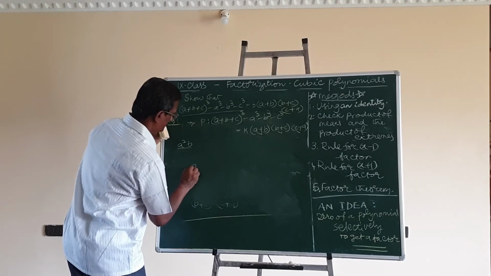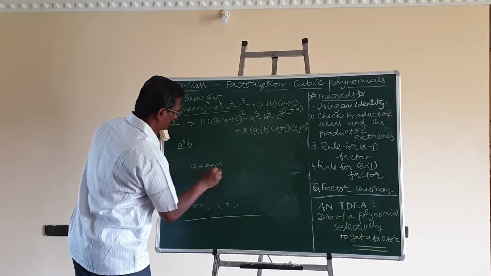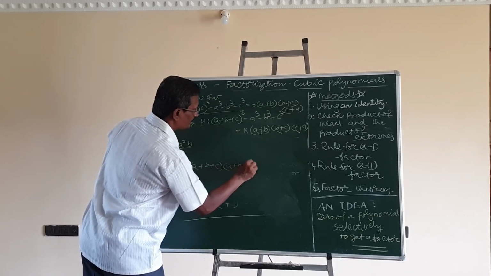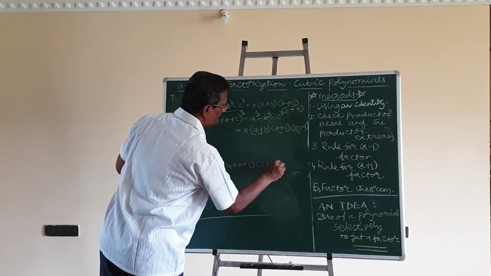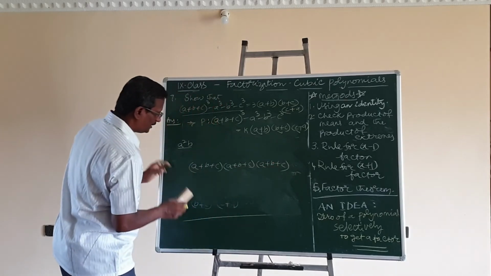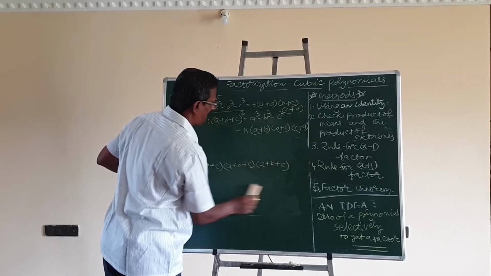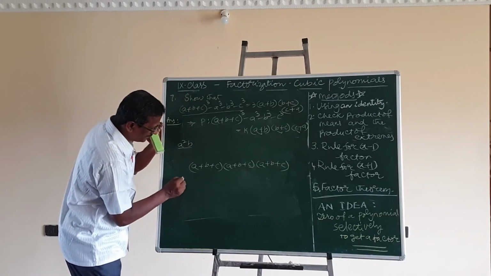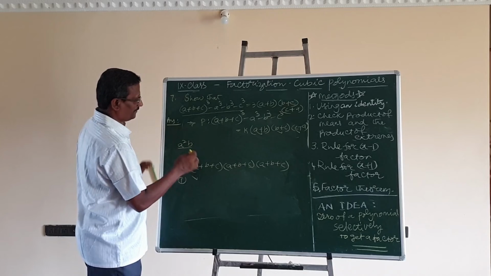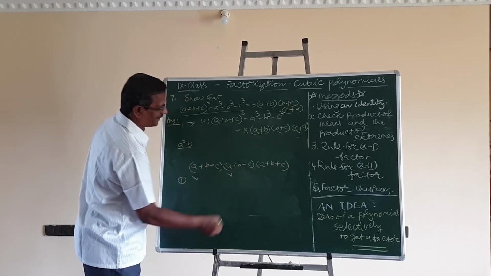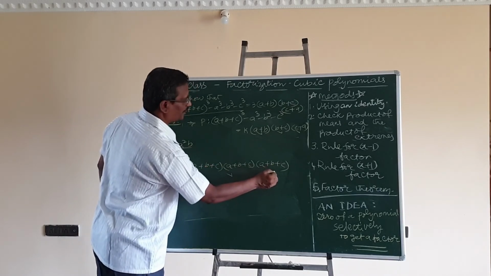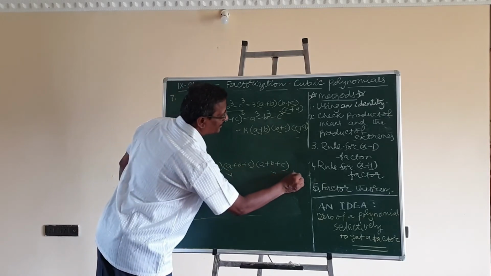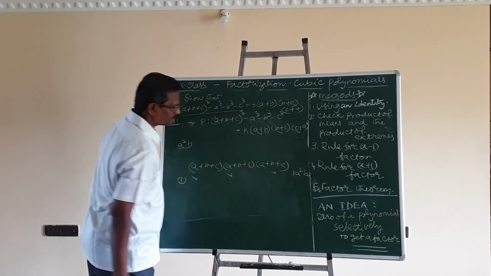Here a plus b plus c whole cube means a plus b plus c, again a plus b plus c. To get a square b, from the first term I will take a, from the next term also I will take a, from the third term I have to take b, a into b. Here 1 a square b.